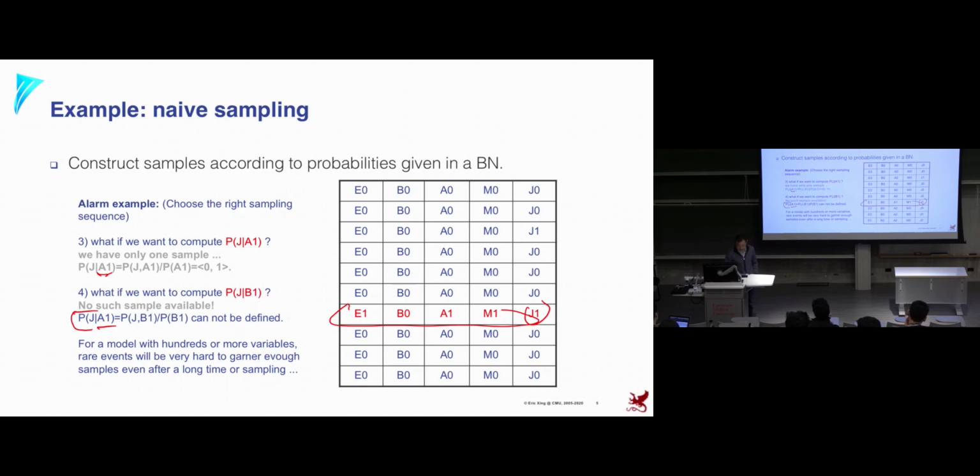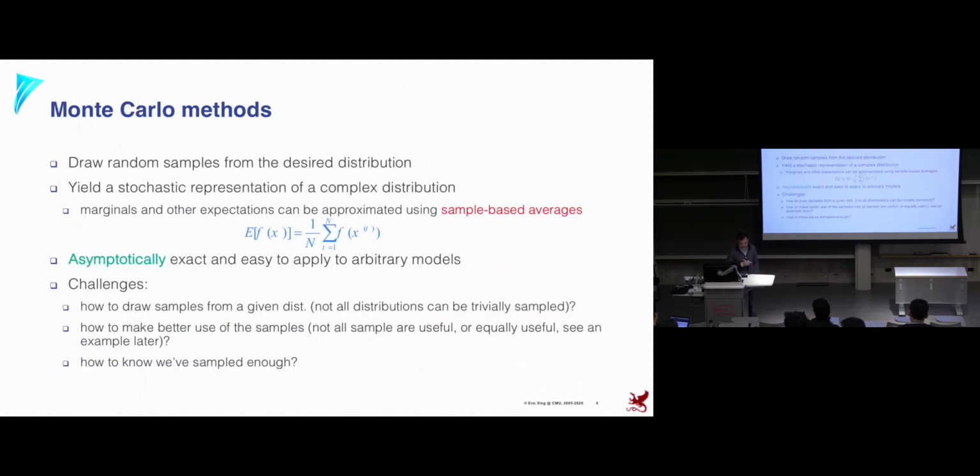So this is naive sampling. It's very easy. The good part is that implementing this algorithm is extremely easy. But we've got a few challenges. How to draw samples? In the previous case it's easy, but there are some distributions which have a weird analytical, irregular form that may be harder to draw examples from.